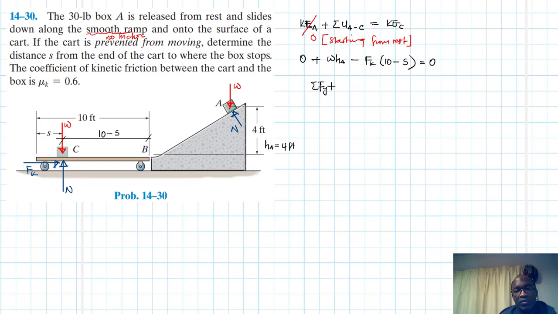The summation of forces in the y direction is equal to m a_y, and a_y we know is equal to 0.